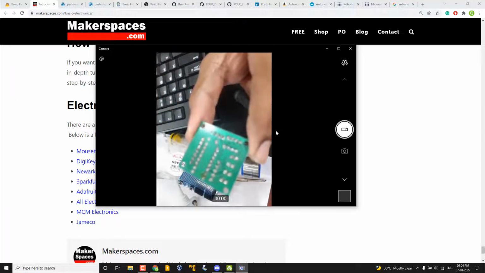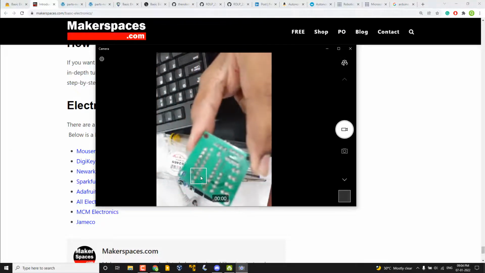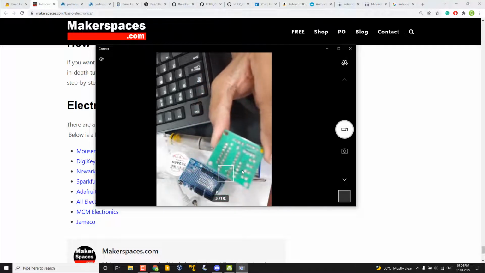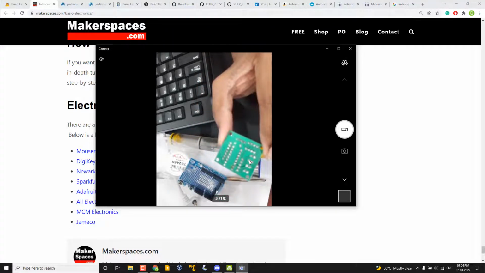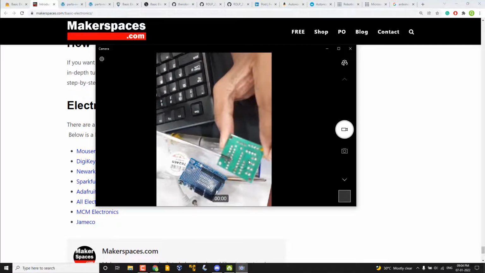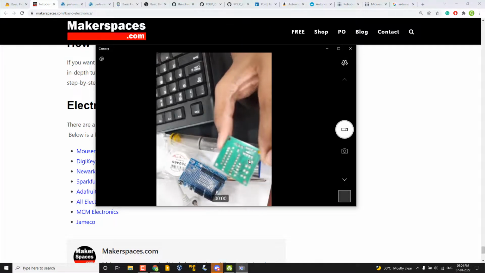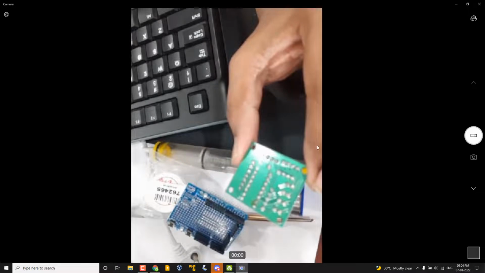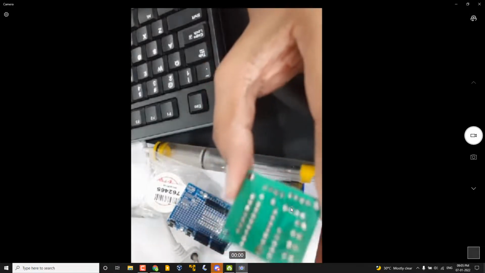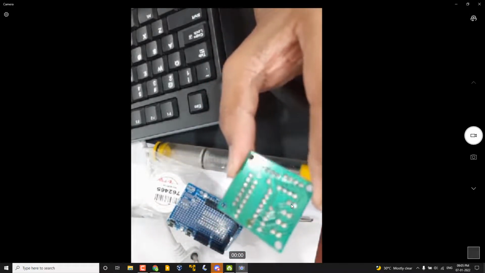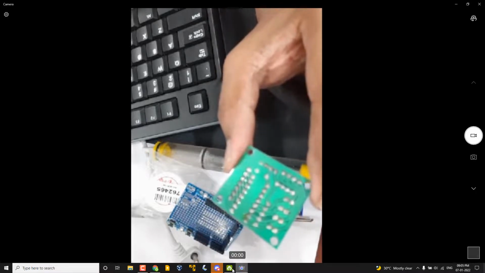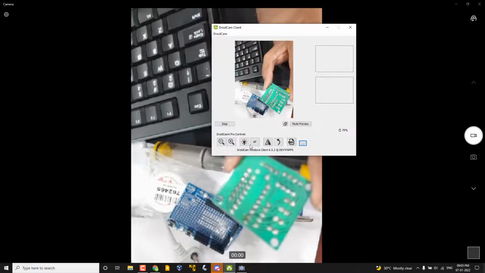I'm not sure it's very clear or not. I can zoom it. The problem is with the camera. I mean, it's not a problem with the camera, it's a software setting. Next time I will improve.